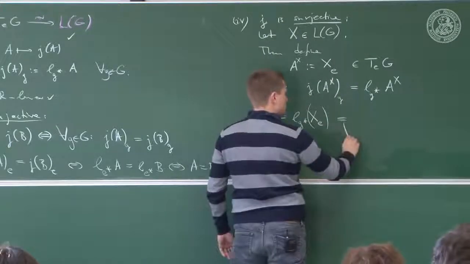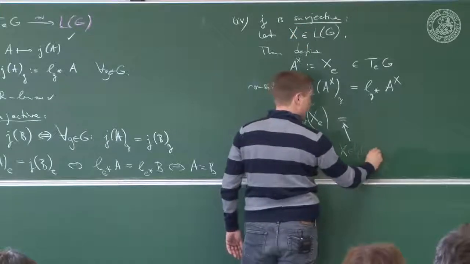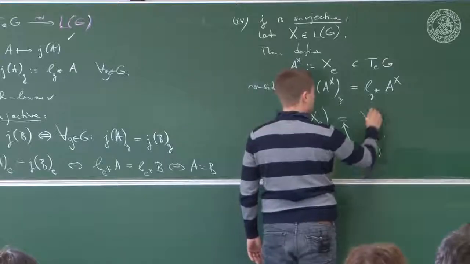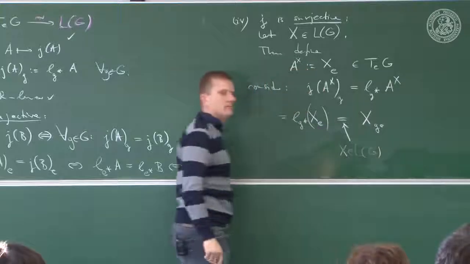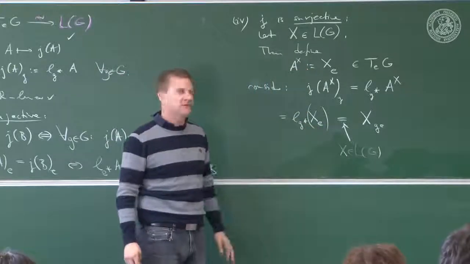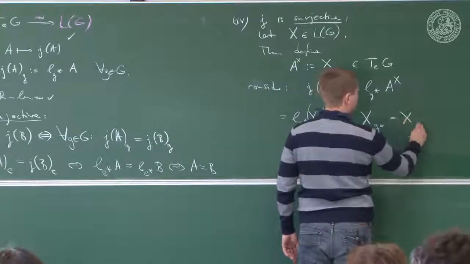But now I use that X is an element of the left invariant vector fields, so I know that this is the same as X at G. That was the second formulation of left invariant vector field, equivalent formulation, and that's of course XG.